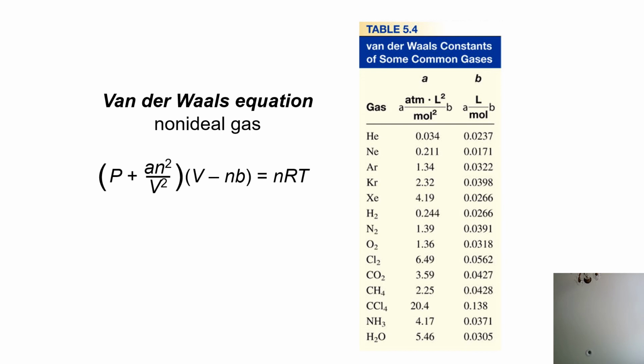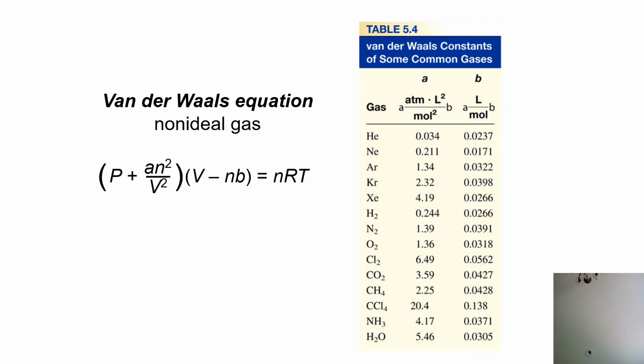B is a correction for molecular volume, and A over V squared corrects for attractive forces, because when you compress those gas molecules closer and closer together, they are forced to interact with one another.